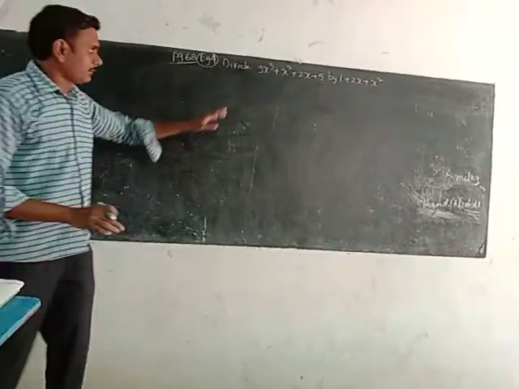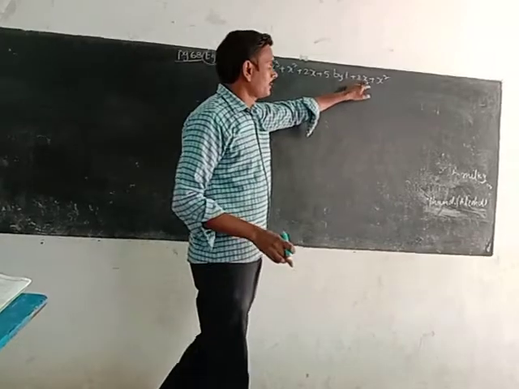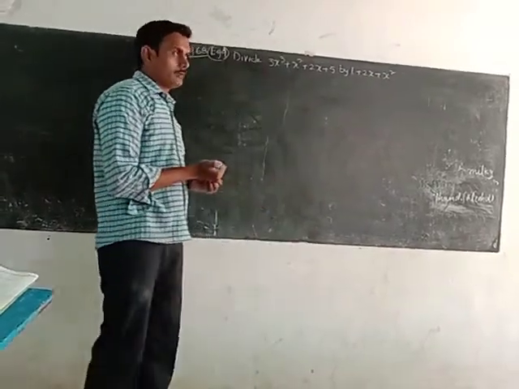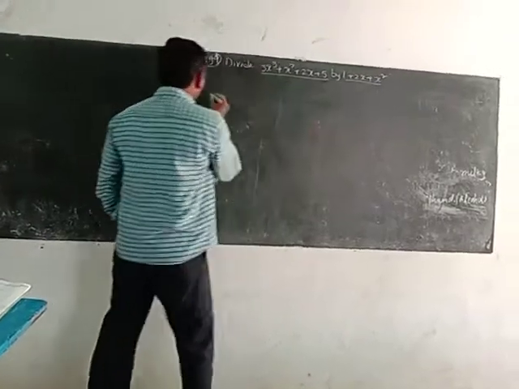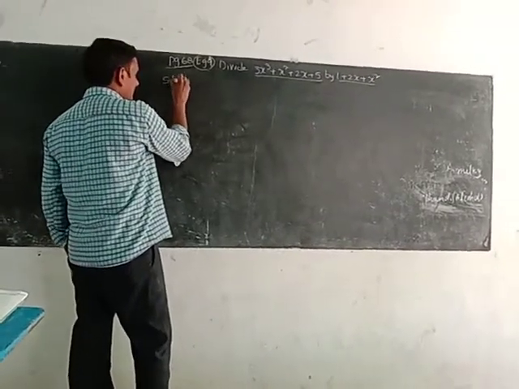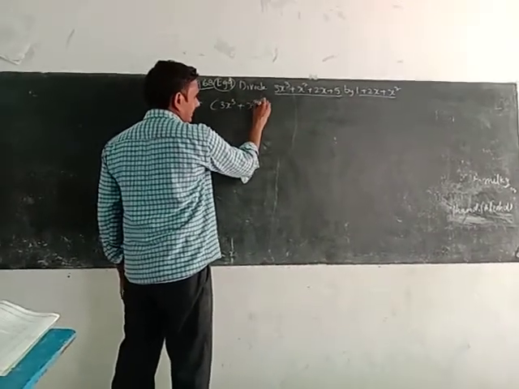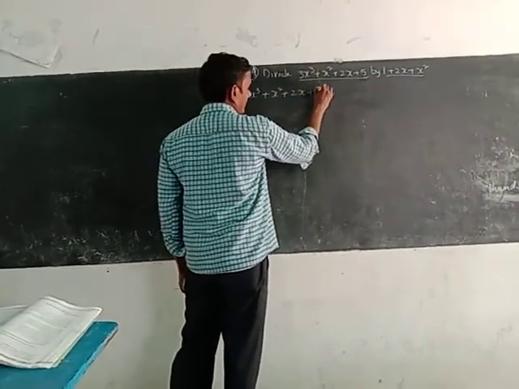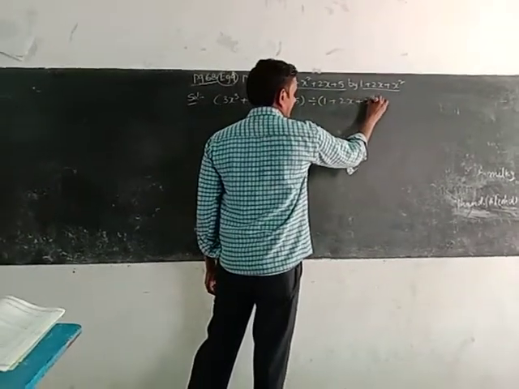Okay, next question: divide 3x cube plus x square plus 2x plus 5 by 1 plus 2x plus x square. Now we will divide this expression with this expression. Now I will write the simplification: 3x cube plus x square plus 2x plus 5 divided by 1 plus 2x plus x square.